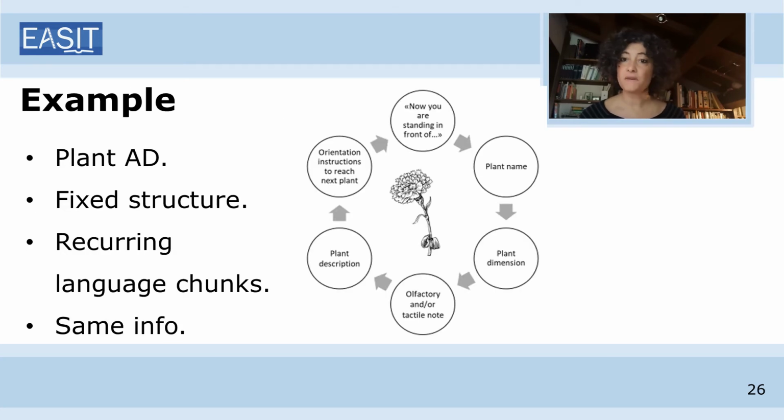You can observe this figure. It exemplifies the fixed structure of the plant ADs designed for an accessible tour of the Trieste Botanical Garden. Recurring language chunks were used to introduce each phase, and approximately the same information in the same order was provided for each plant.